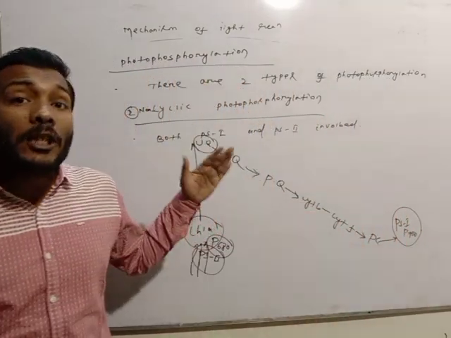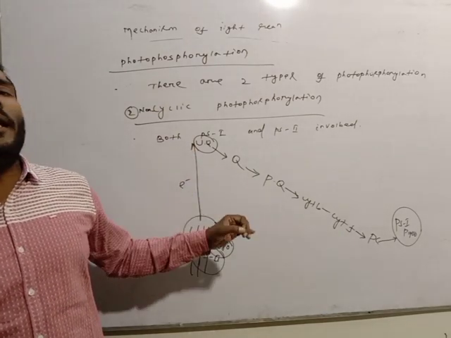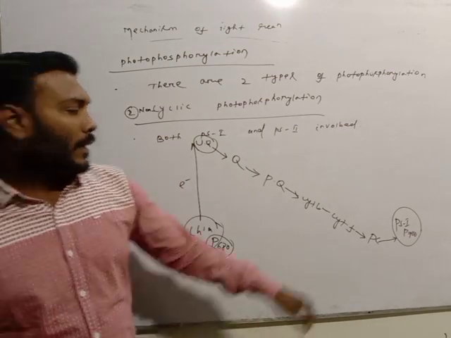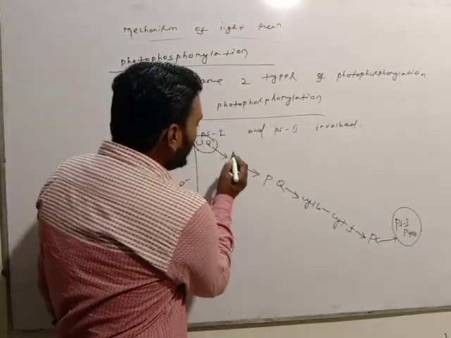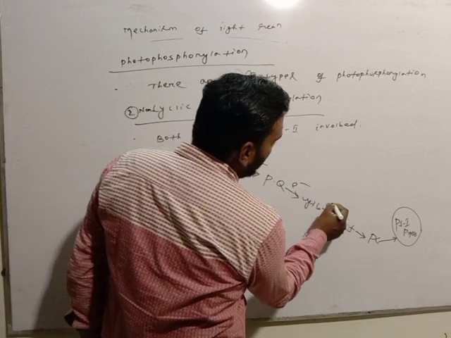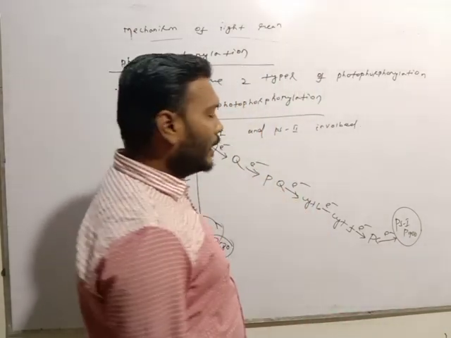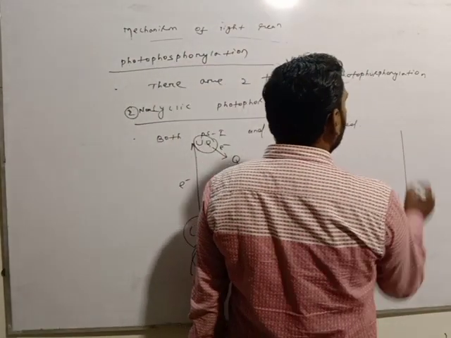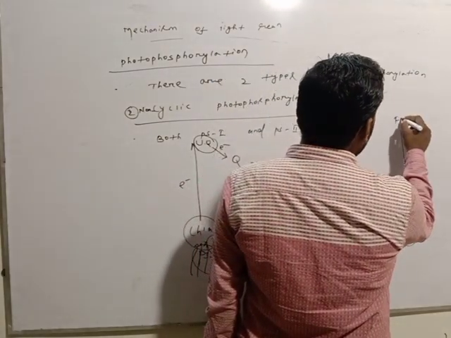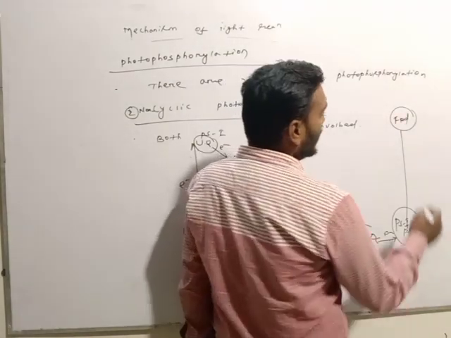P700 or PS1 is also a reaction center; when the energy-rich electron is passed on to P700, it also expels an electron to a higher orbit, and that electron is passed on to FRD.